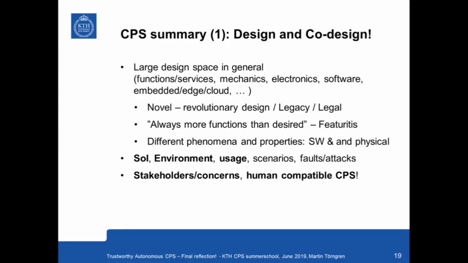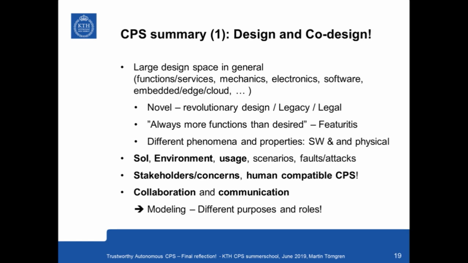So there are AI centers and a center for human compatible AI. We want to have human compatible CPS, I'm sure. Yes, and then collaboration and communication, we have talked about it many times, and it has many facets. So there is the communication inside an organization, there is the communication and collaboration with external stakeholders, and for an operational CPS, it also needs communication and collaboration.